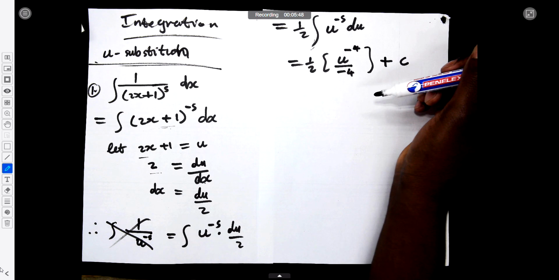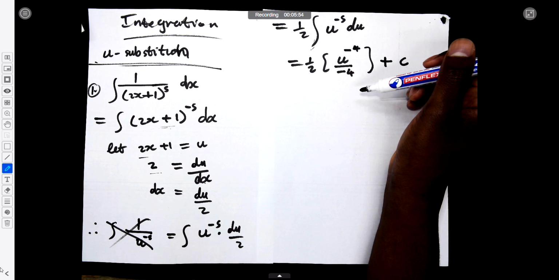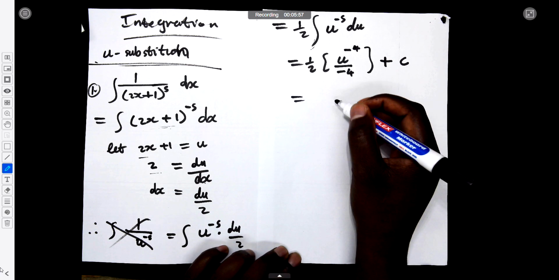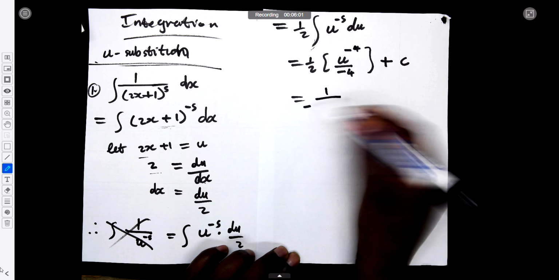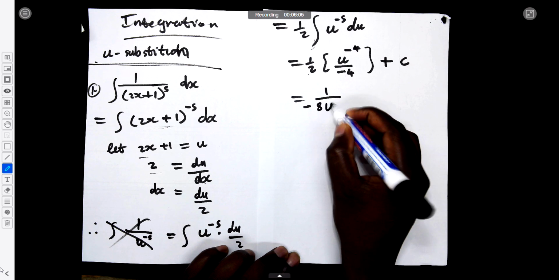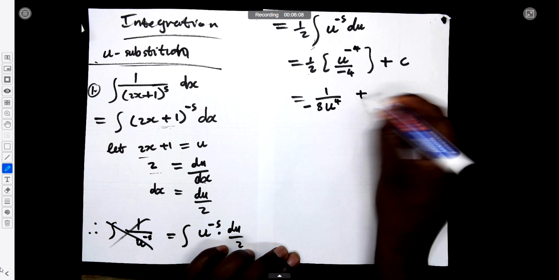When differentiating we were multiplying and subtracting, so now we are adding and dividing. Simplifying, this is a negative exponent, so I'll have 1 over, this will be negative, this times that will give 8, and u will be to the power of 4. Therefore, plus the constant.